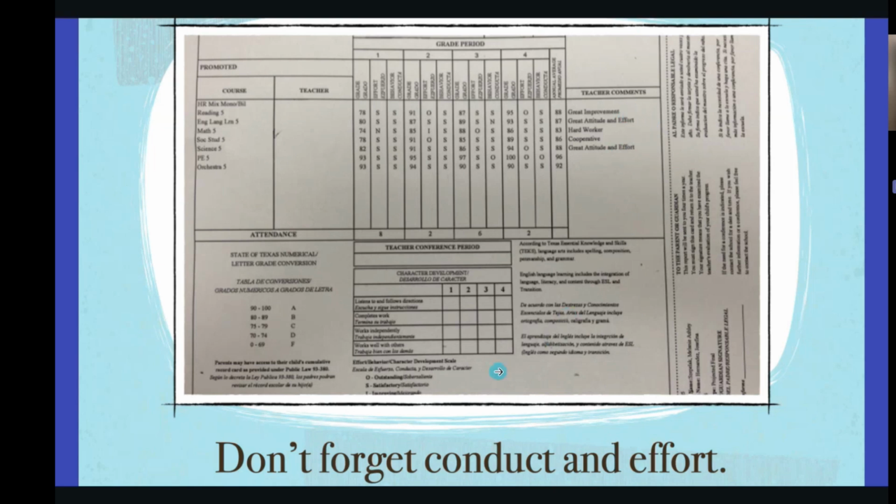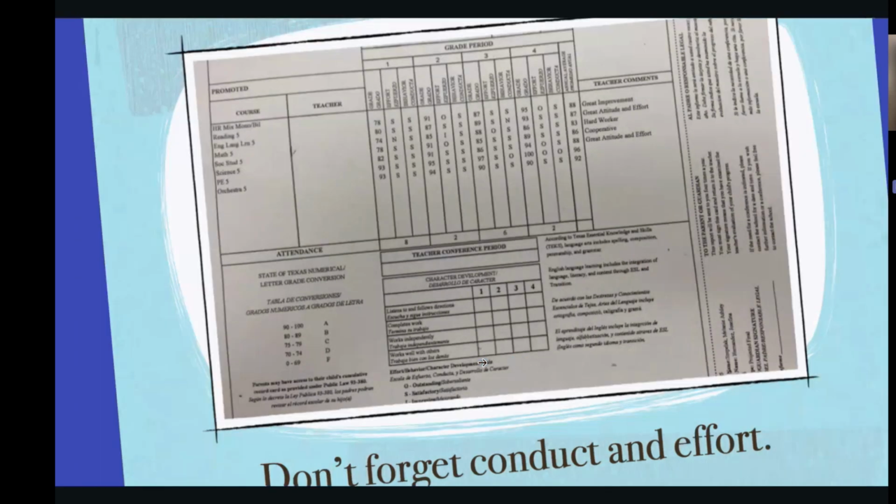Sometimes for an elementary report card, you're going to notice that the character development is empty. So there's a specific place you want to go in to make sure character development actually does print out on the report card. For secondary teachers, this isn't something they worry about.